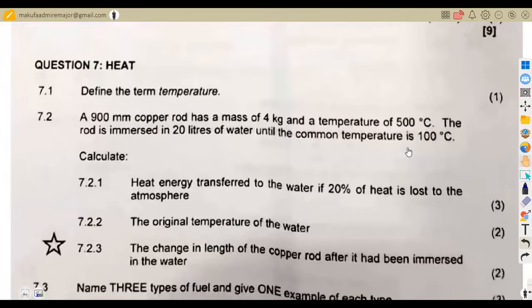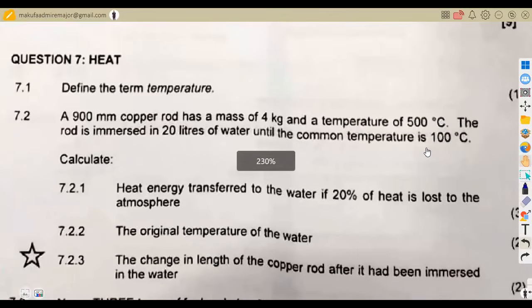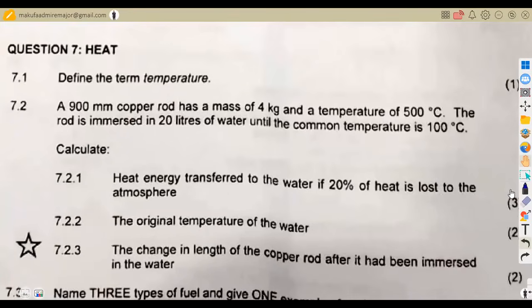All right, on the other part, if you check question 7, now we are given 7.1 to define the term temperature. Remember, temperature just indicates the degree of hotness and coldness of a body.